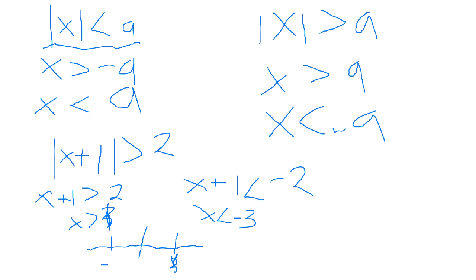Please let me just draw the graph here. So we are going to have minus 3 and we have 1. It says greater than 1, so it will go like this. And less than minus 3, it will go like this.